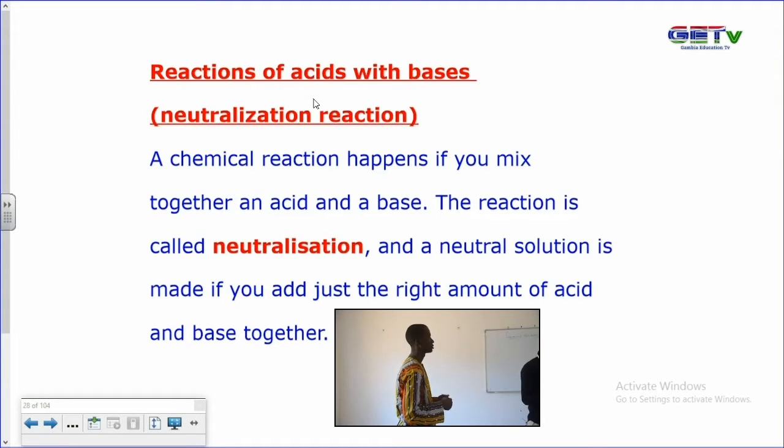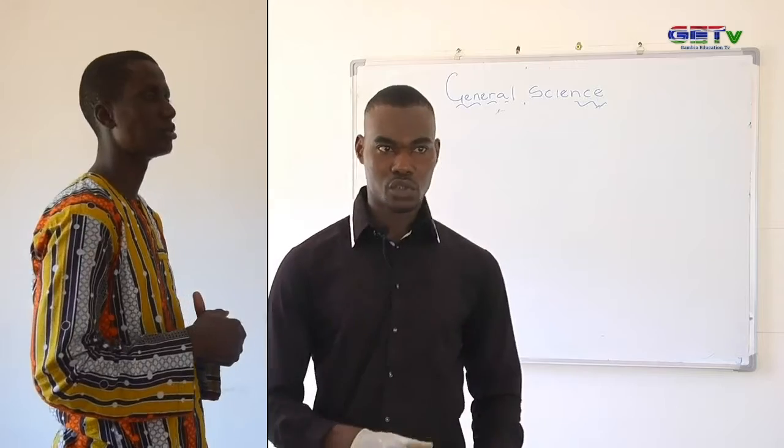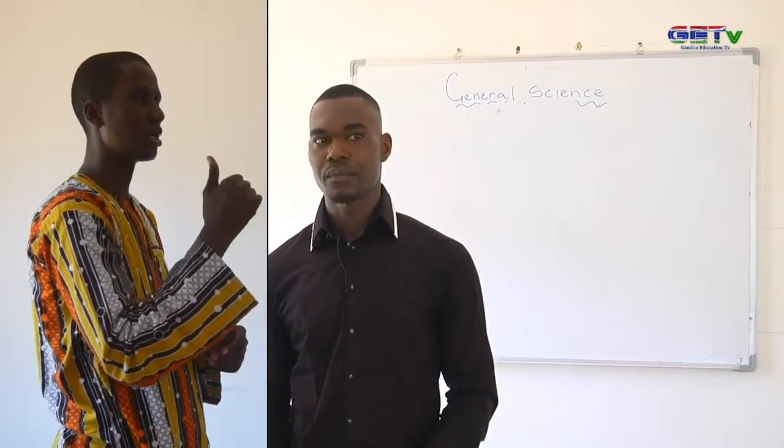What explains neutralization in essence is that the effect of the acid is cancelled and the effect of the base is cancelled. The products formed are neutral, which is the salt and the water. The water will be neutral and the salt will be neutral. So this reaction as a whole is called neutralization reaction, that is, the reaction of acids with bases to produce salt and water, please.